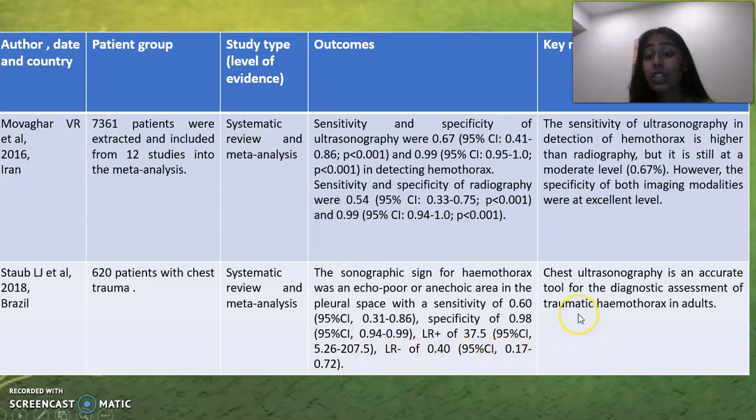The key result was that chest ultrasonography is an accurate tool for the diagnostic assessment of traumatic hemothorax in adults.